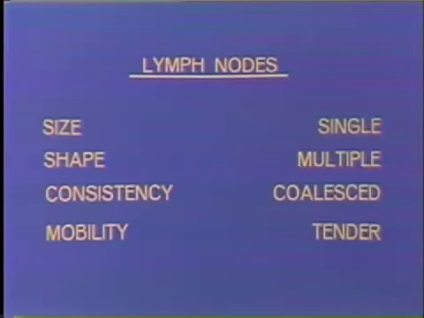Most lymph nodes are found singly or in groups, but they are always separated and identifiable as single entities. When they are multiple and coalesced, this is suggestive of a disease process. Tender lymph nodes, of course, indicate that some inflammatory process has invaded the lymph node and is producing the tenderness.